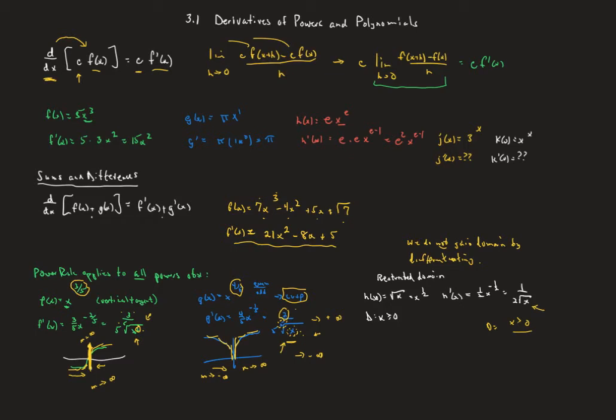But sometimes we can lose some. So we lost 0 in this act of differentiating. So I'm going to say we sometimes lose some domain. Can't gain domain, but you might lose some. Okay, so let's go to a new panel here.